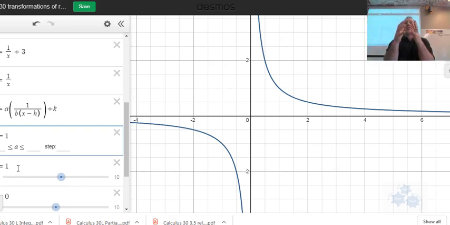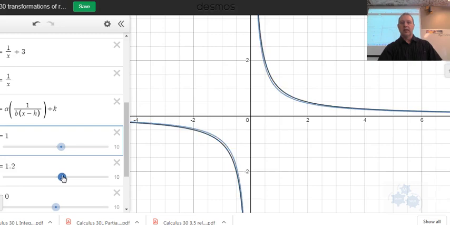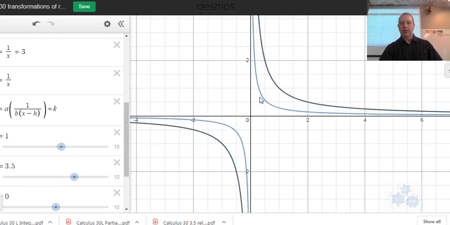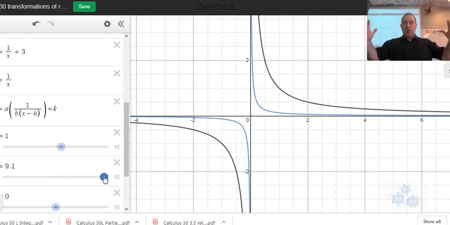If b is greater than 1, because the stretch factor is 1 over b, it kind of squishes in. So let's drag this cursor. I'm making b larger, and it's pulling in towards the x-axis. See that? It's literally squishing in this way.